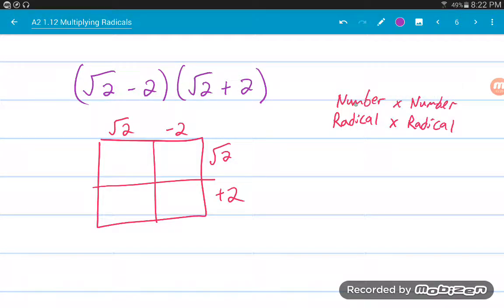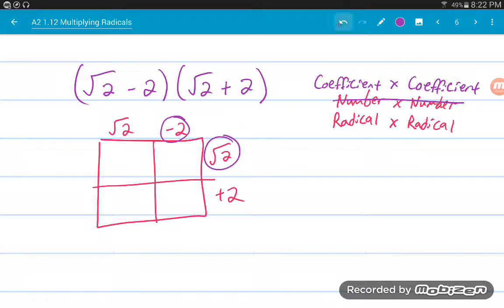If you want to be a little more specific, these numbers are typically coefficients, so it's like coefficient times coefficient. However you want to think of it. Well, this is a negative 2, and this is a radical 2. So this on top is a freed number, and this on the right is somebody who's stuck underneath a radical. They're not like, so when I multiply them, I'm just kind of rewriting them. Negative 2, radical 2.